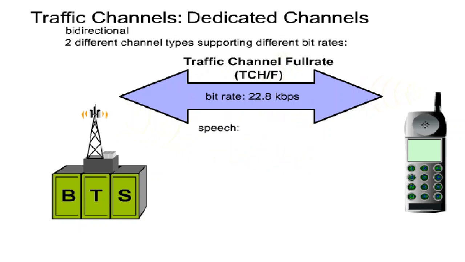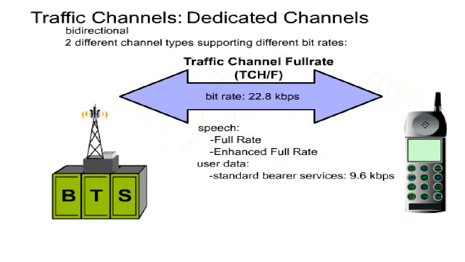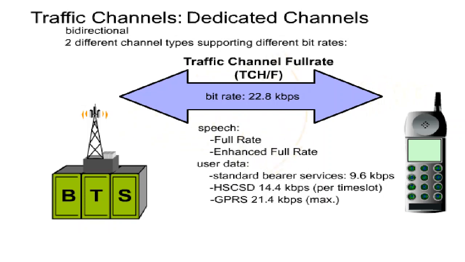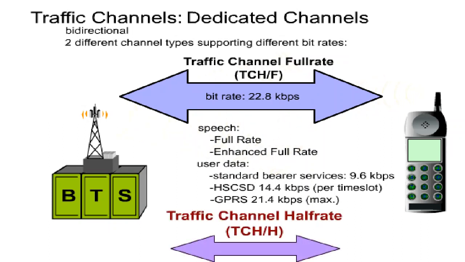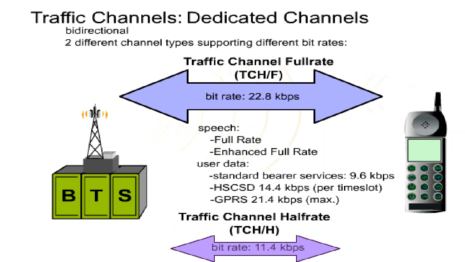It's used for speech, encoded by a full rate or enhanced full rate codec, as well as for user data, encapsulating a net bit rate of 9.6 kilobits per second for standard bearer services, 14.4 kilobits per second per time slot in the case of HSCSD, or up to 21.4 kilobits per second with GPRS. The traffic channel half rate, TCHH, supports 11.4 kilobits per second and is only used for half rate codec speech.